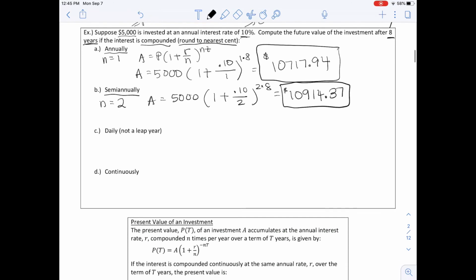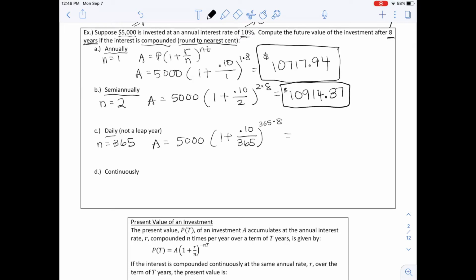The next problem that we have is daily. It does say not leap year. It's usually assumed, so 365. The formula is still up here, and I'm going to substitute this in for N. Everything else is staying the same, so it's still $5,000 principal and our interest rate is still 10%. This time we're dividing by 365 since that is our N, and our exponent is going to be 365 times 8.